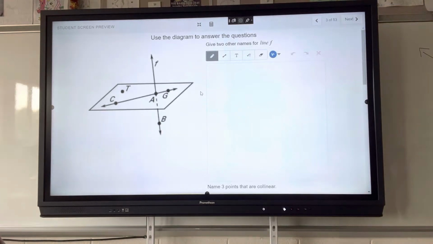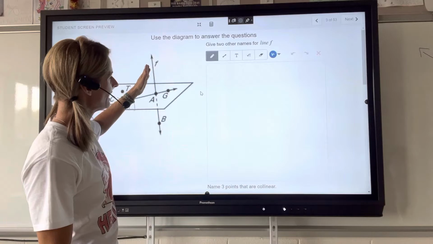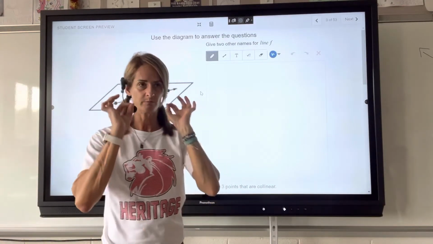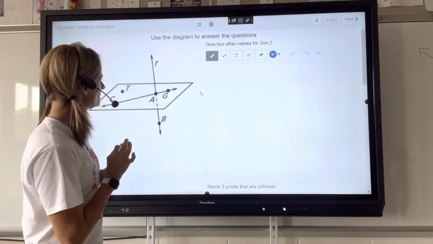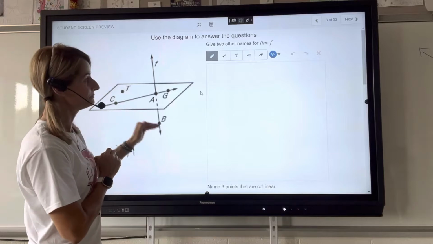There are other ways to name a line as well, besides this lowercase f. And you have to use two capital letters that are points. So we could name this line, line AB or line BA.